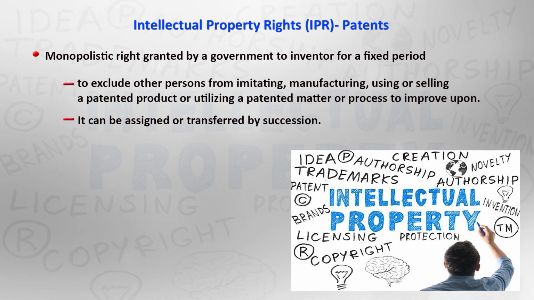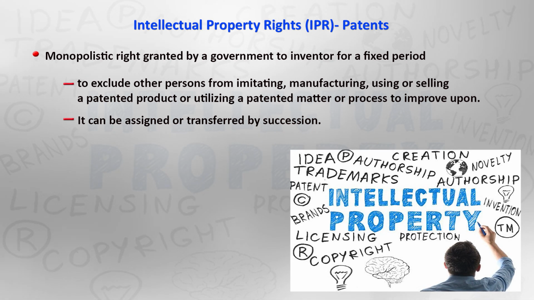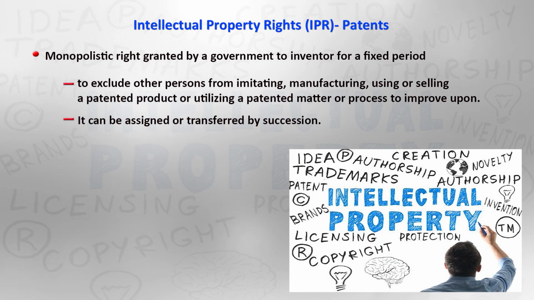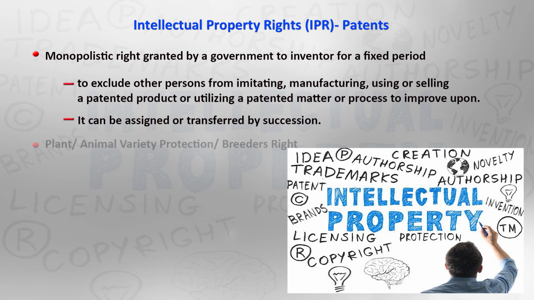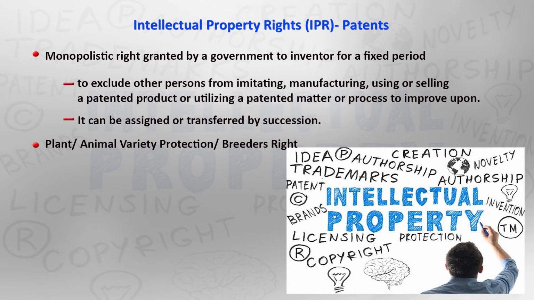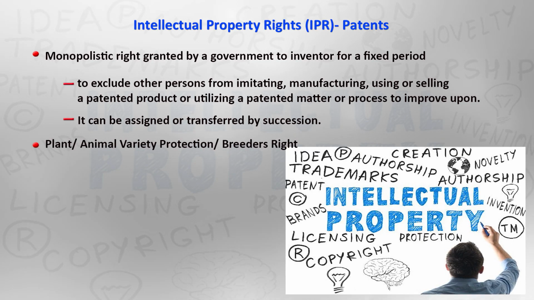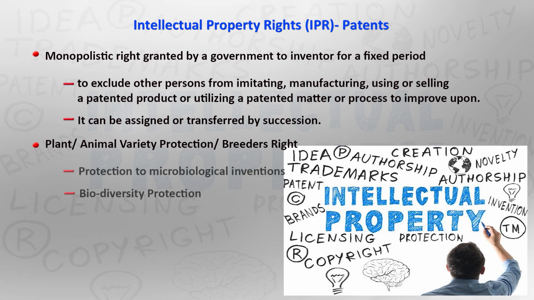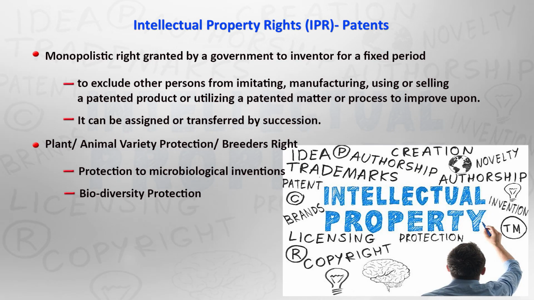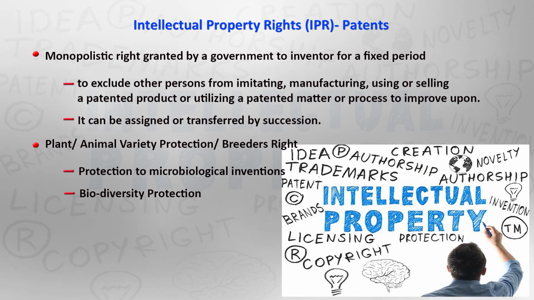So it can be given to another person if there is some agreement or some transaction. And plant and animal variety protection and breeder rights are some of the important aspects when we talk about the agriculture sector. And the protection of microbiological inventions is also important in the agriculture sector.